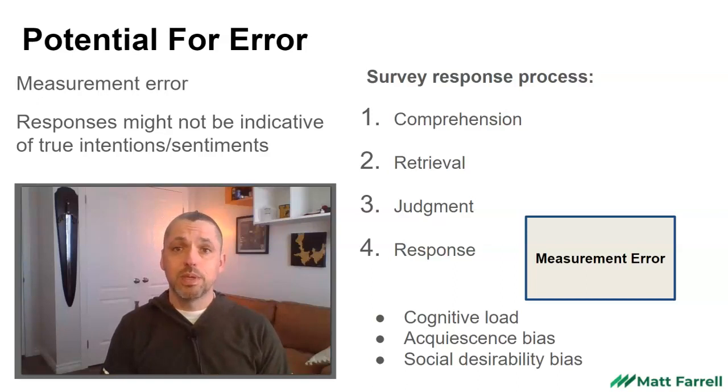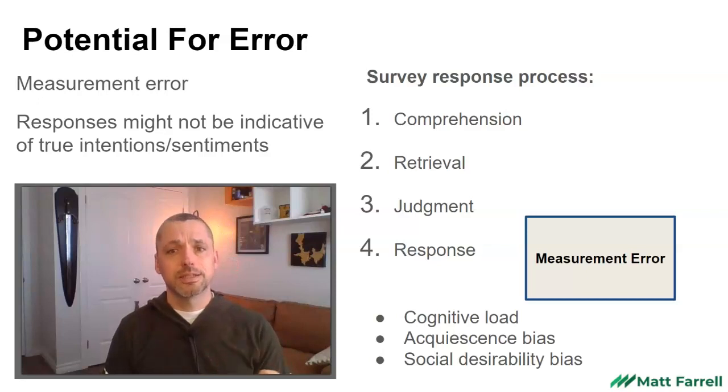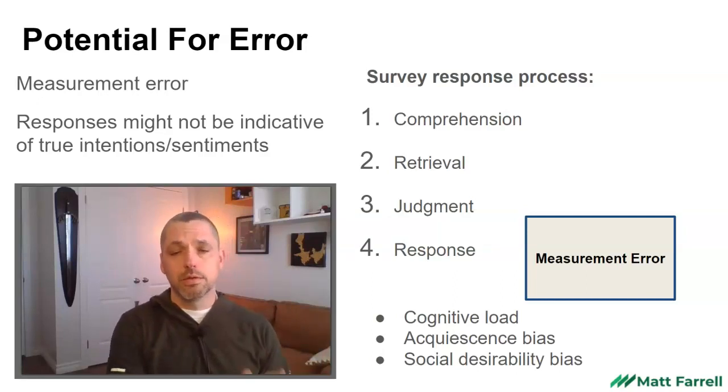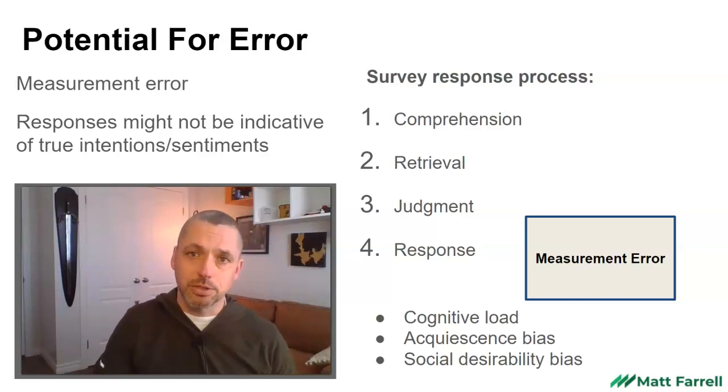Acquiescence bias, when people tend to choose the default option and just agree with the survey question or agree with the interviewer. And then, of course, social desirability bias. People might be reluctant to express opinions that are socially unpopular. If that happens, then we would not see that in our final survey results. The results we have would not be representative of the true attitudes in the population.